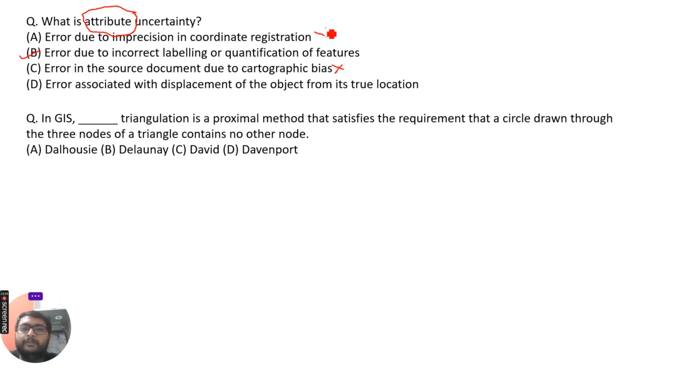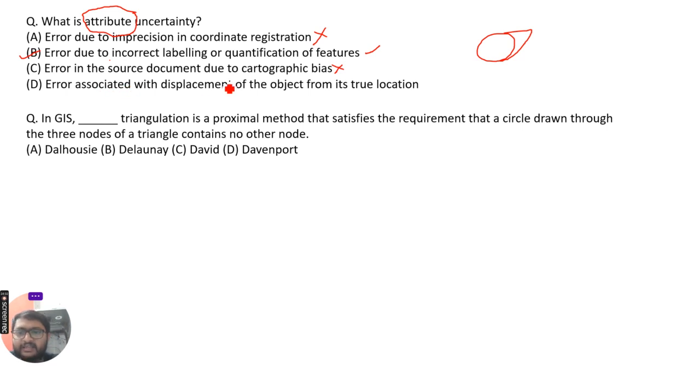And attributes are related to the vector data. So from option B, we can suggest that error due to incorrect labeling is an attribute error, because if we have one lake and by mistake we have given that lake another name, or the actual area is this much but we have digitized some more area, it is an error in quantifying the area, length, or perimeter of that particular lake.